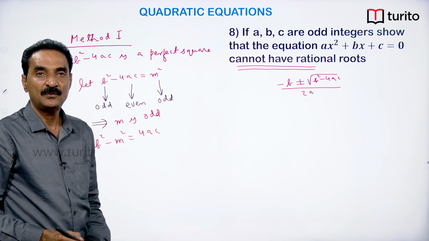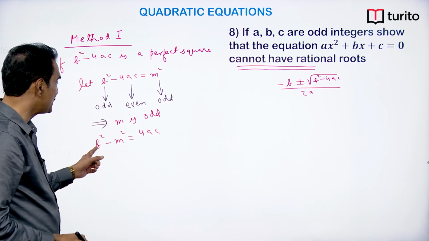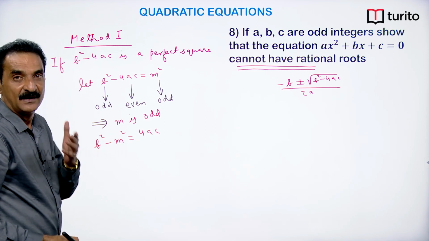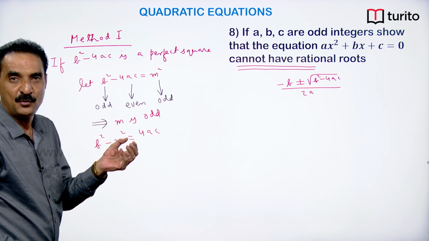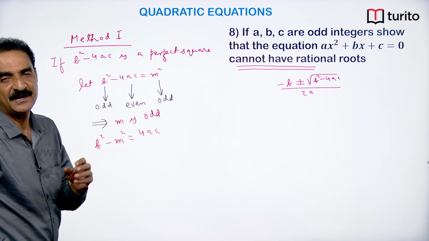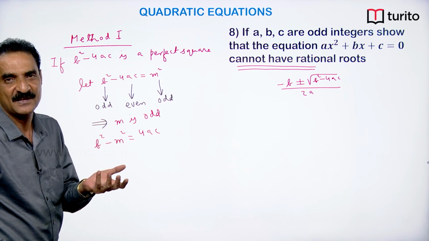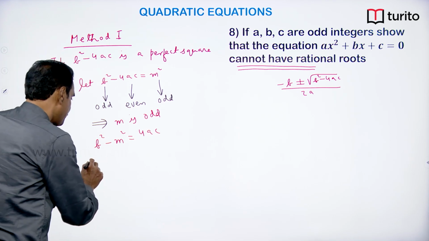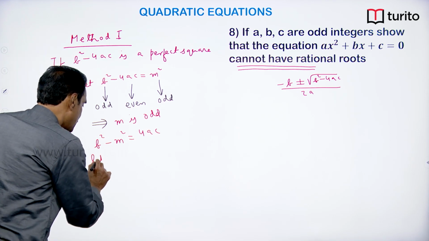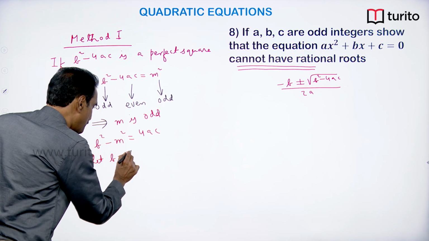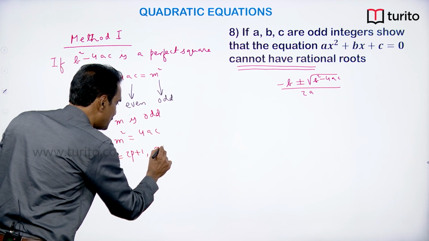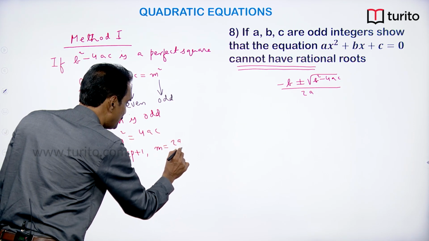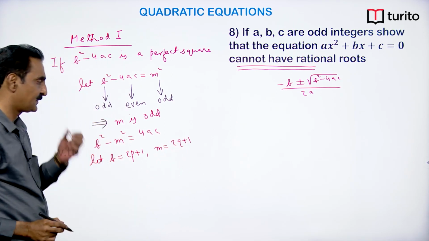Now, b is an odd integer, m is an odd integer. Okay. So, I will take b and m as 2p plus 1 and 2q plus 1. We can take any odd number as 2p plus 1. Let b be equal to 2p plus 1 and m be equal to 2q plus 1.